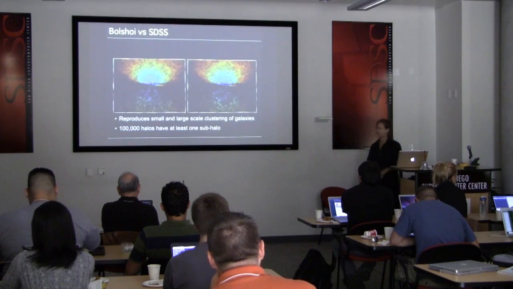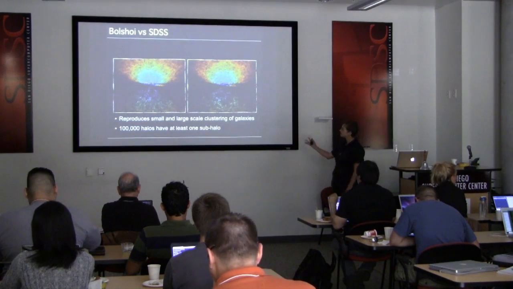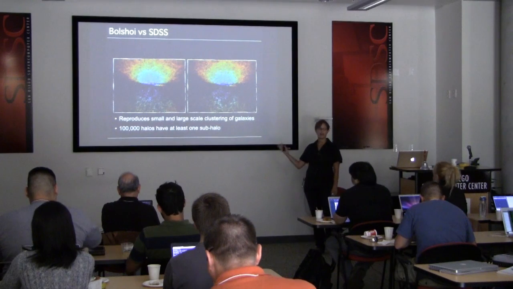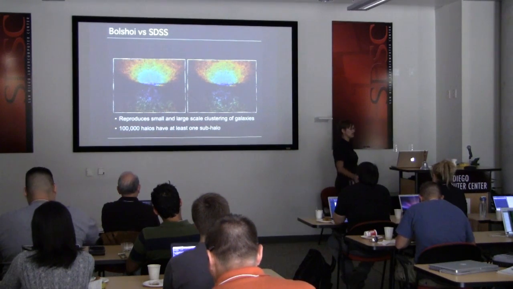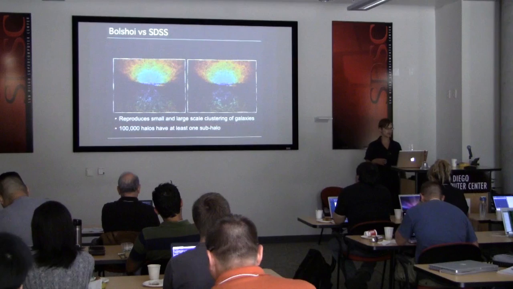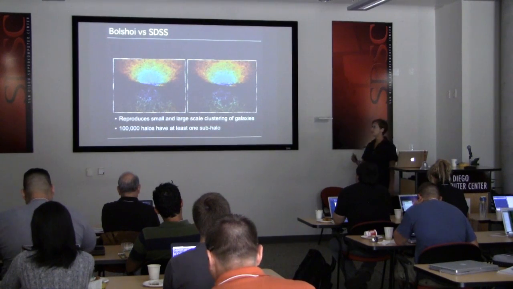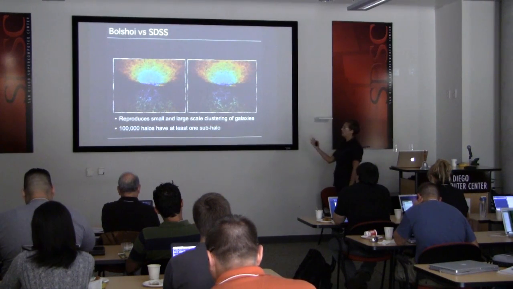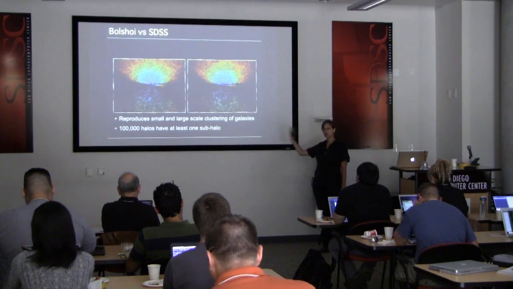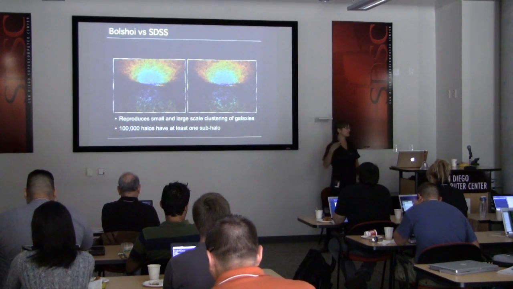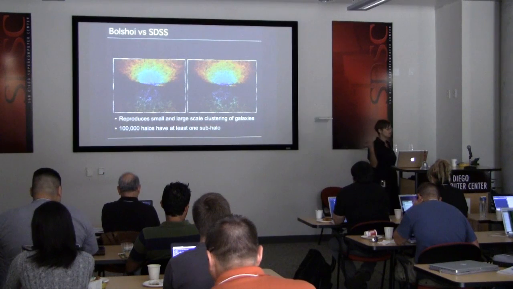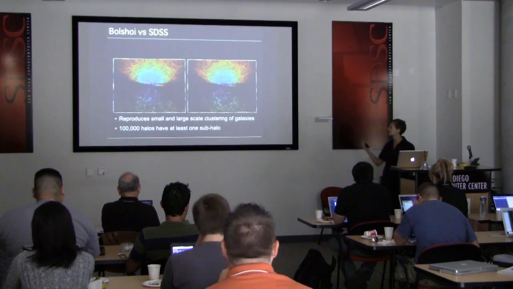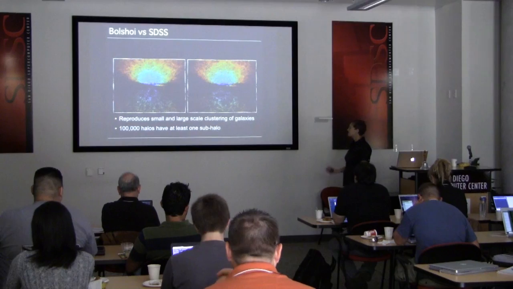We already discussed the Sloan Digital Sky Survey and the Bolshoi simulation. I showed you a couple of days ago that, for typical galaxies, we can reproduce not only the large-scale clustering in the linear regime on tens of megaparsec scales, but also even quite small scales.